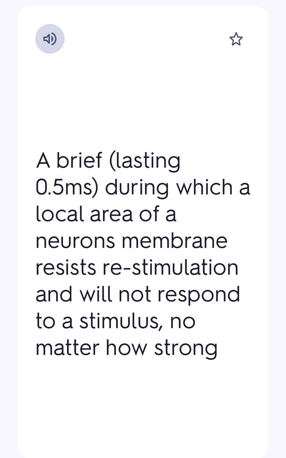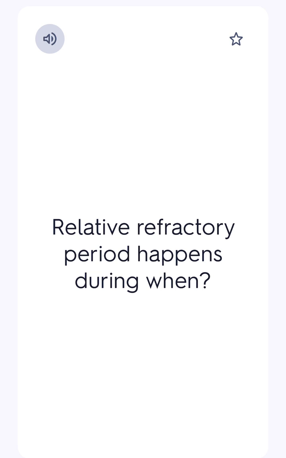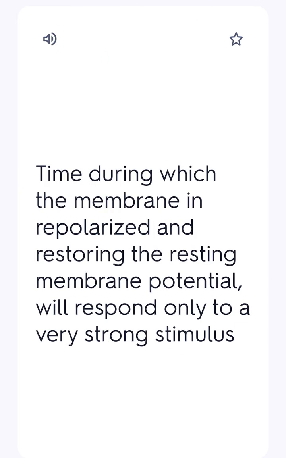A brief period during which a local area of a neuron's membrane resists re-stimulation and will not respond to a stimulus, no matter how strong. Relative refractory period happens during when? Time during which the membrane is repolarizing and restoring the resting membrane potential, and will respond only to a very strong stimulus.